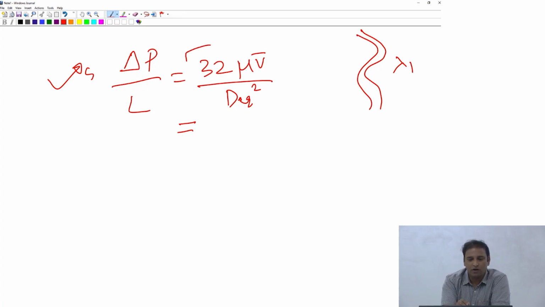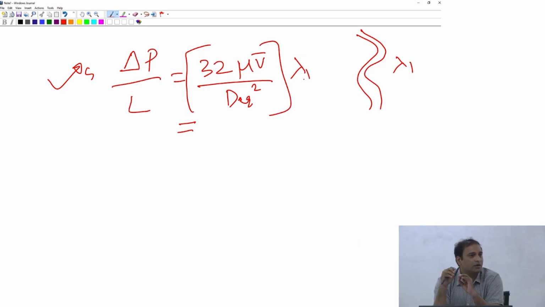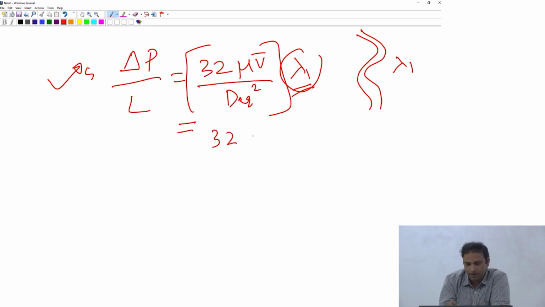So I'm going to multiply everything by lambda 1. This basically takes into account the fact that the pipes are not straight, they are tortuous in nature, and people have done experiments to determine what this lambda is. We'll talk a little bit about that in the next few minutes.